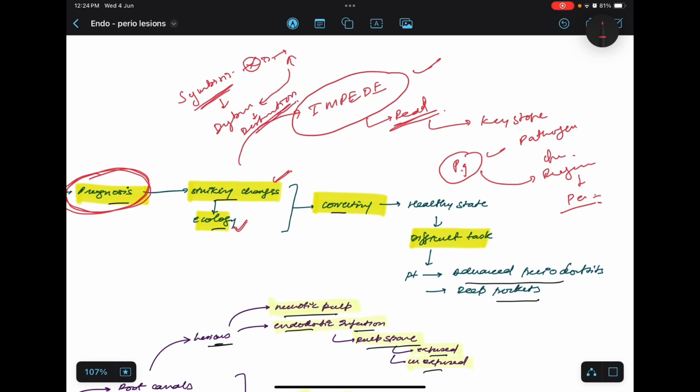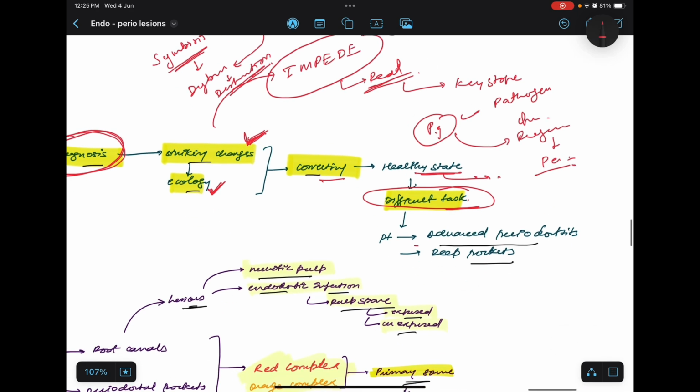Of course, you see striking changes in the ecology, which convert the healthy state into a disease state, and the patient starts suffering from advanced periodontitis and deep pockets.